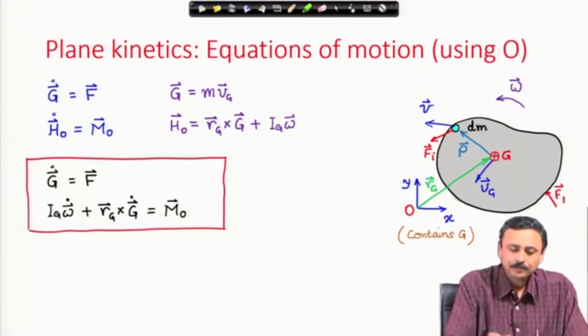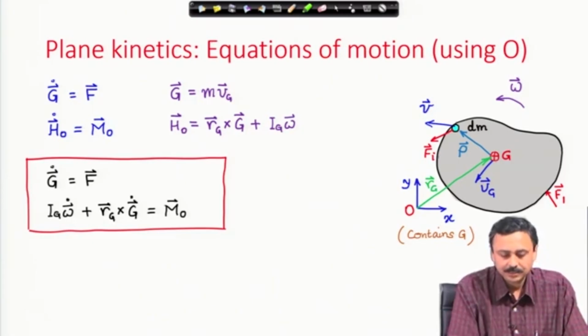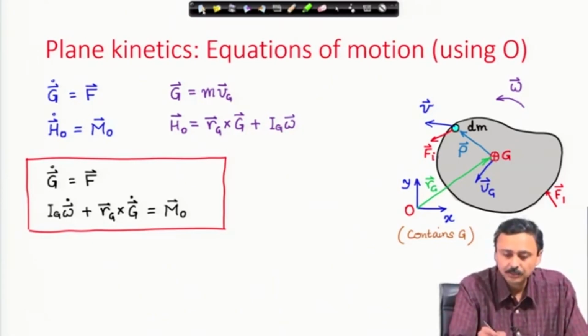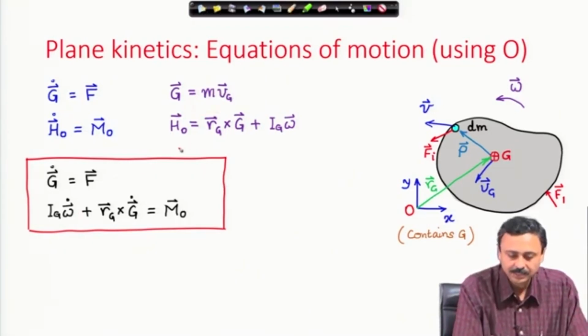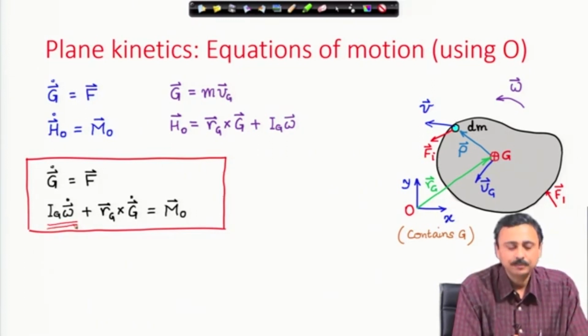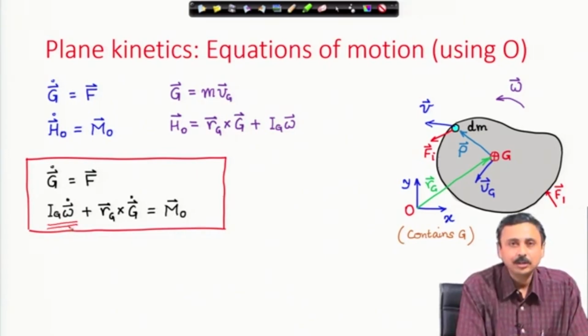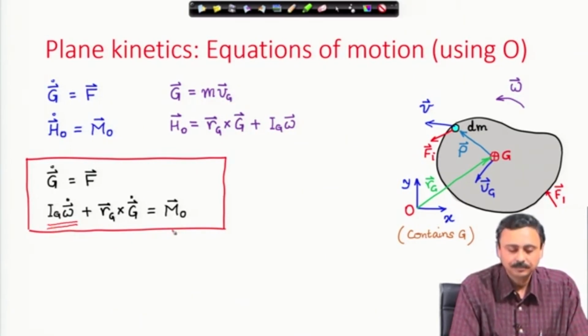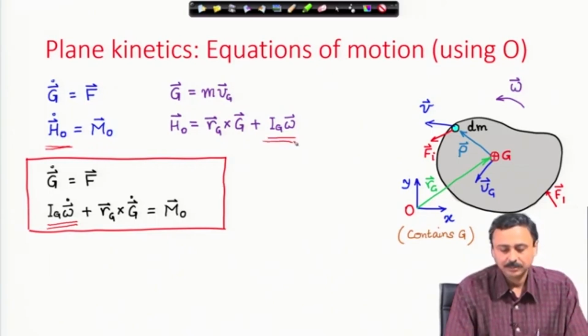The equation of motion in this case is in this form. As you note, we have already derived this term, I_g omega dot; this equation we derived in the previous case, because that happens to be the time derivative of this term.